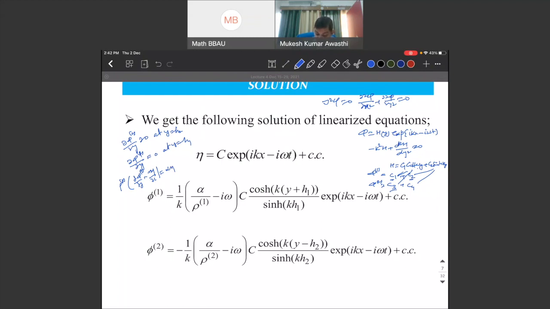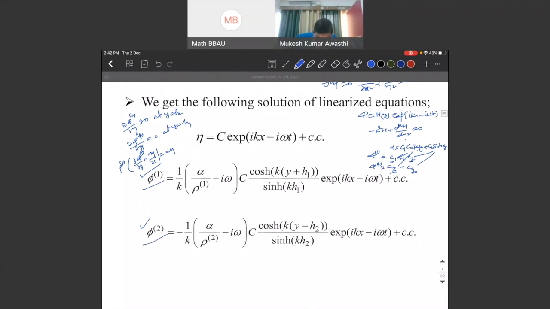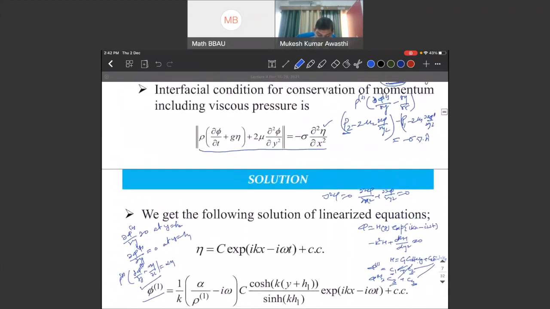So with the help of those boundary conditions, we can calculate phi 1 and phi 2 in terms of alpha, i omega and c. So in this case we can calculate our phi 1 and phi 2, and then we will put those values here in this equation.